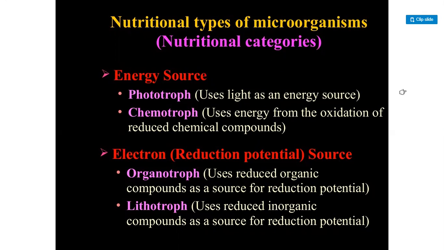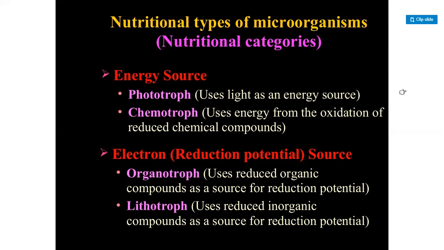Now, what are the nutritional types of microorganisms? According to categories, if we want to grow the microorganism on the culture media, then what will be the requirement? The requirement will be the energy source or electron source and carbon source.